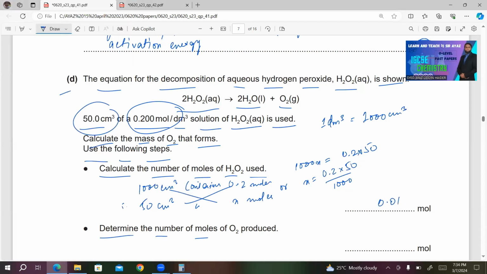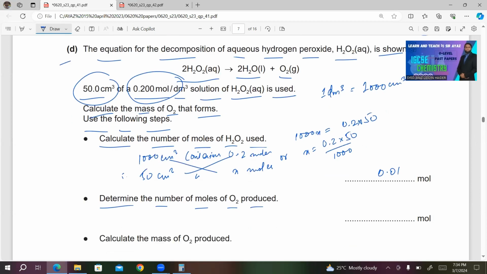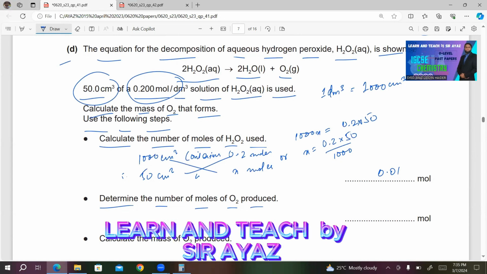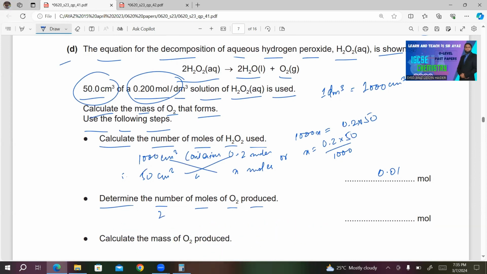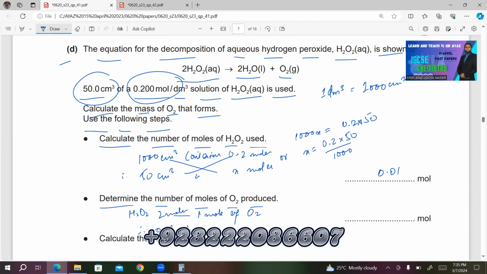Determine the number of moles of O2 produced. So how we will calculate the moles of O2 produced? Look at the equation. 2 moles of H2O2 produces 1 mole of O2. Therefore, 0.01 moles produces X mole of O2.